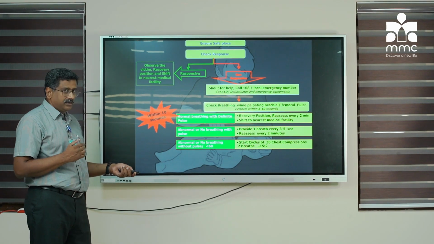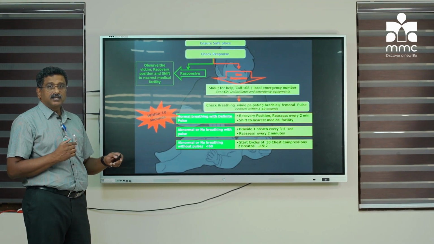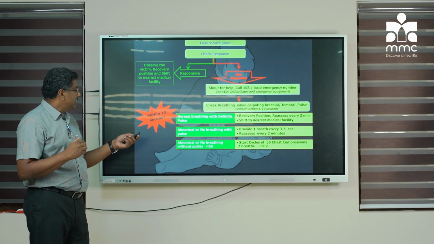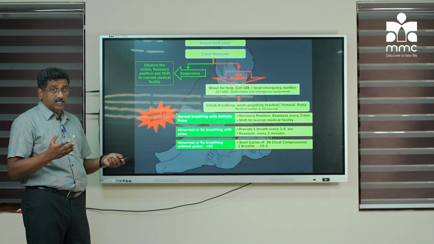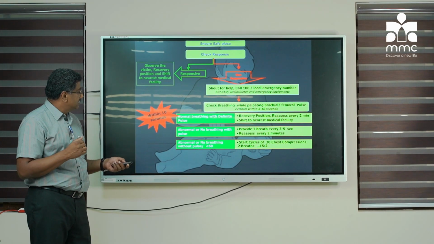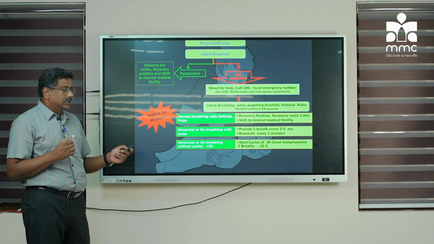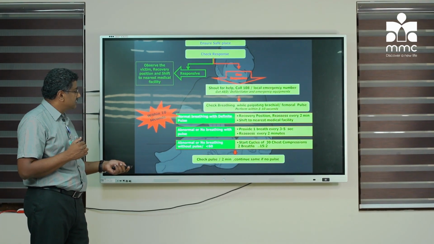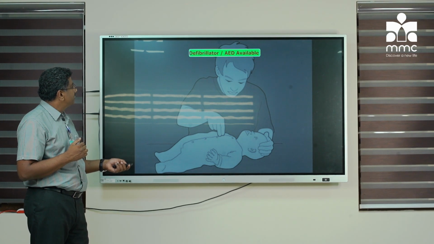But in an infant and a child, if the pulse is less than 60, despite adequate ventilation, if there are signs of poor perfusion, then you have to start chest compression. So that is the difference. Check pulse every 2 minutes and continue the same if there is no pulse.